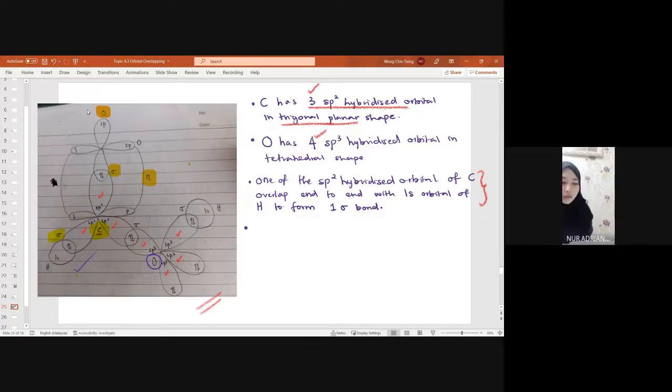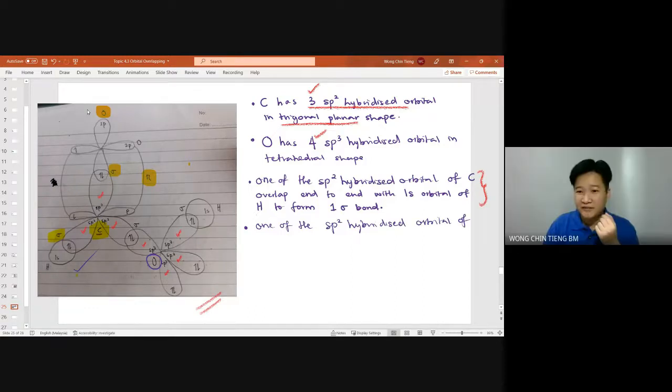One of the sp2 hybridized orbital of carbon overlap end to end with 2p orbital of oxygen to form 1 sigma bond. Perfect. Overlap end to end. Kalau kamu perasan, semua adalah lebih kurang sama tetapi sekarang adalah dengan 2p orbital of oxygen.